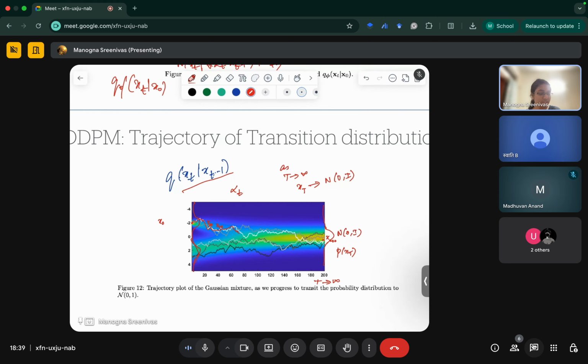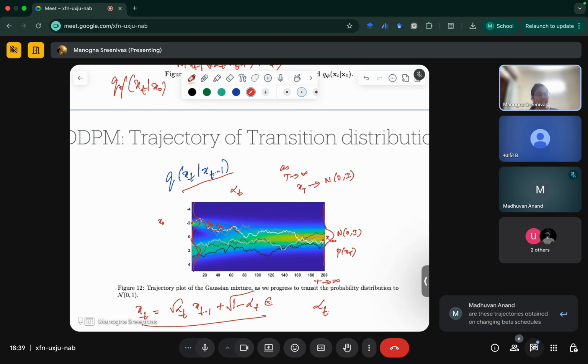It is just following that process: xt is equal to square root of alpha t times xt minus 1 plus square root of 1 minus alpha t times epsilon, this term. But obviously you're choosing alpha t in a careful manner such that you end up converging near this.